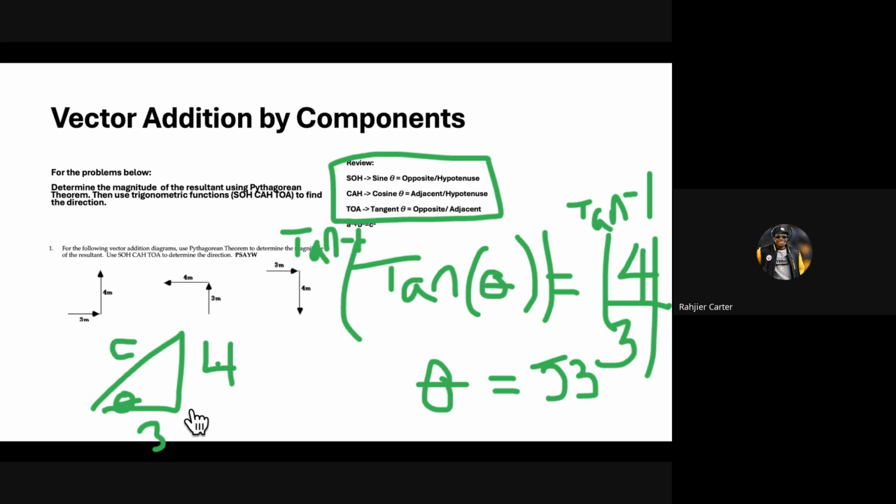Yeah, tan^-1. You keep getting 70? What number did you get when you did 4 divided by 3, before you hit the tan?